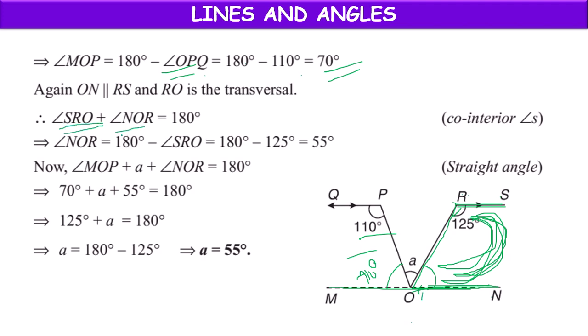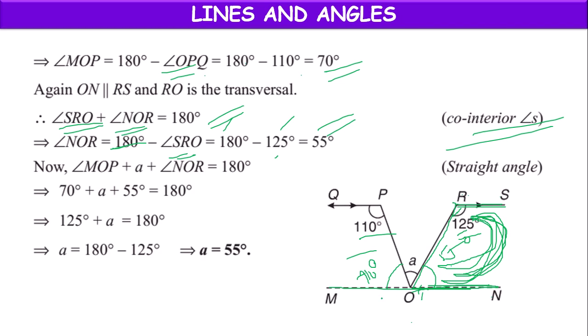So NOR equals 180 minus SRO. SRO they have given as 125 degrees. 180 minus 125 is 55 degrees. So we have got this angle as 55 degrees.